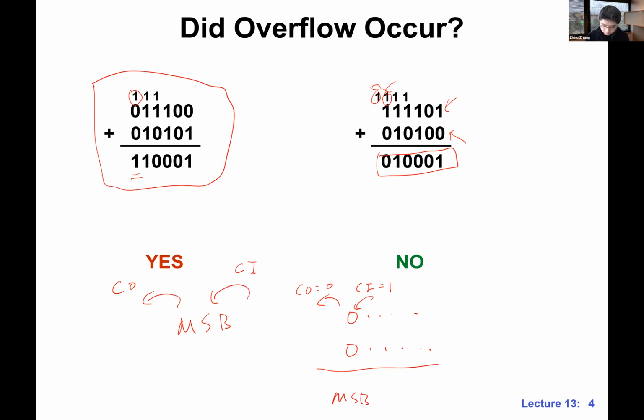If you look at the sign bit, the highest bit, for the sum, it's going to be a 1 in this case. And obviously there's an overflow, because the sign is flipped. This is the one scenario. Second scenario, if you're adding up two negative numbers, when do we have a scenario where CI and CO differ? In this case, regardless, there will be a carry out.